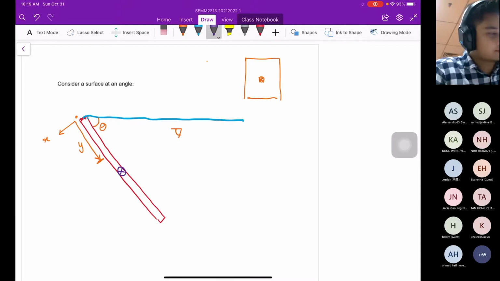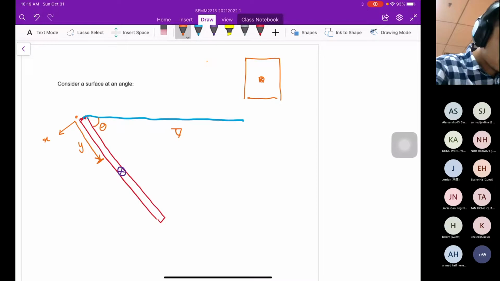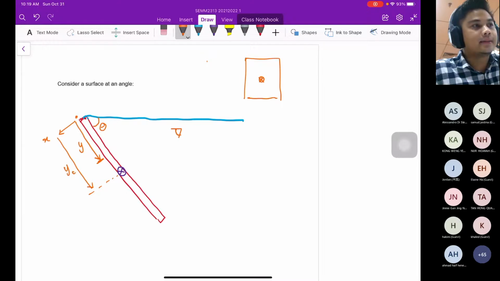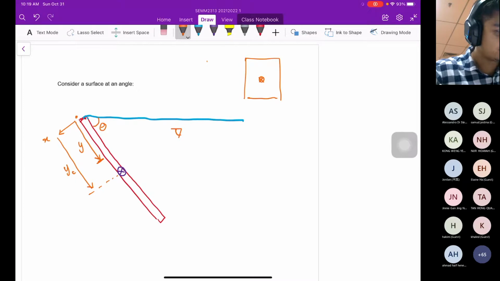So from here to here is the YC, the centroid at Y location, at Y direction.